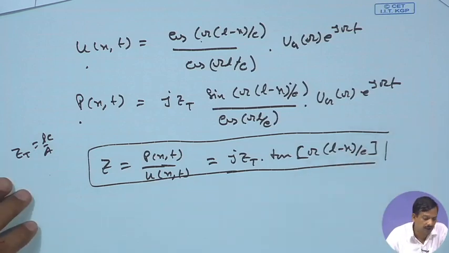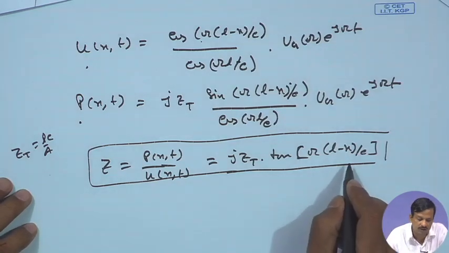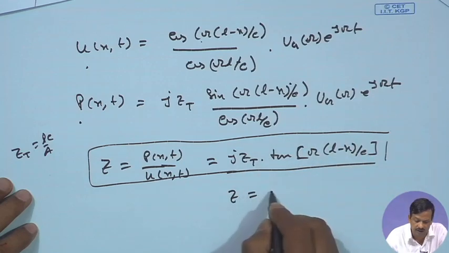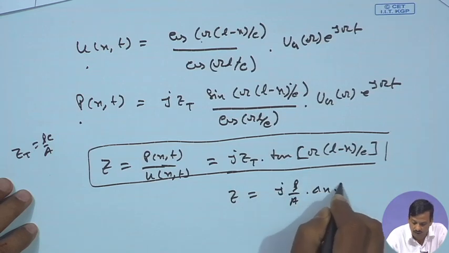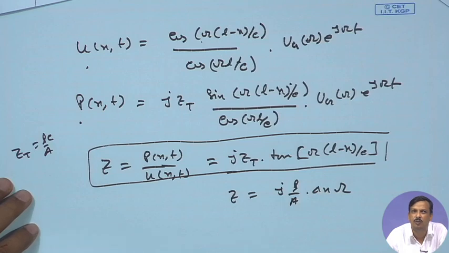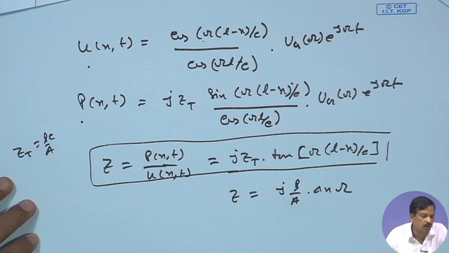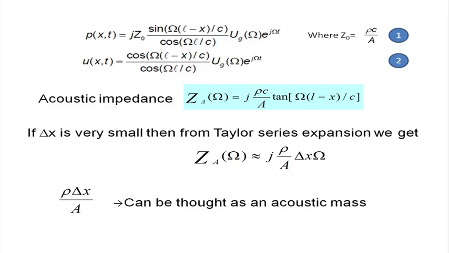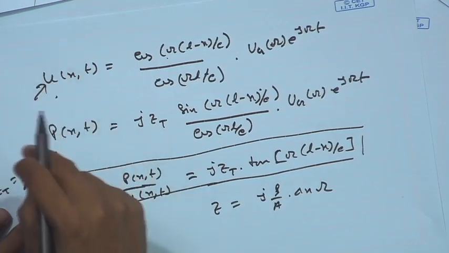Now, if the variation of x, del x, is very small, then I can say that Z is nothing but j omega rho by A into del x, a simplification for a small del x. So this is the Z. Now, if I interpret this, this is the volume velocity and this is the pressure wave.